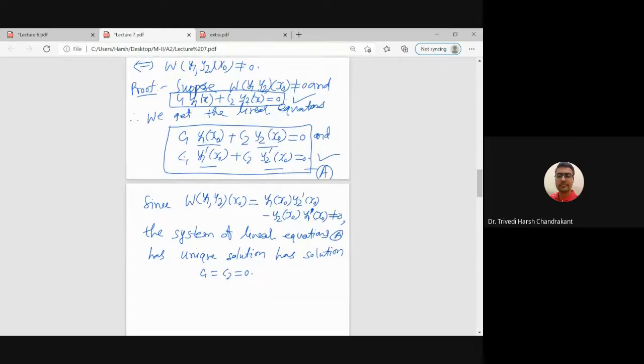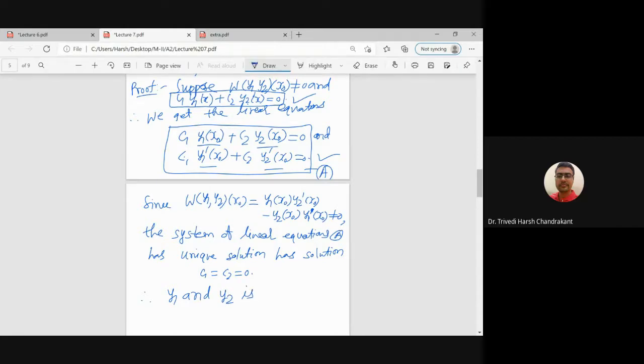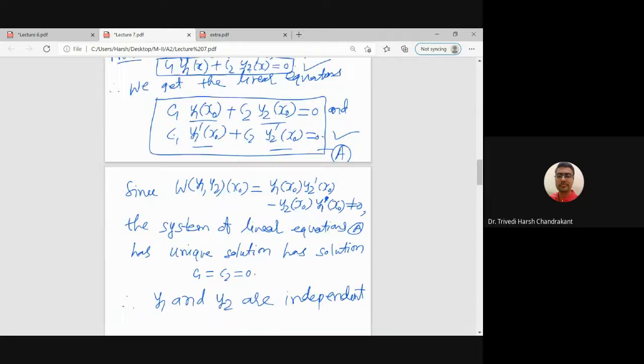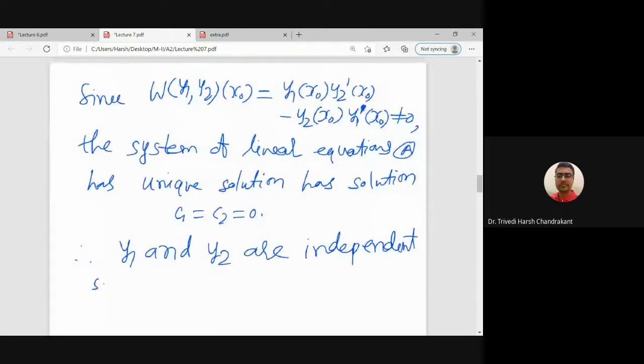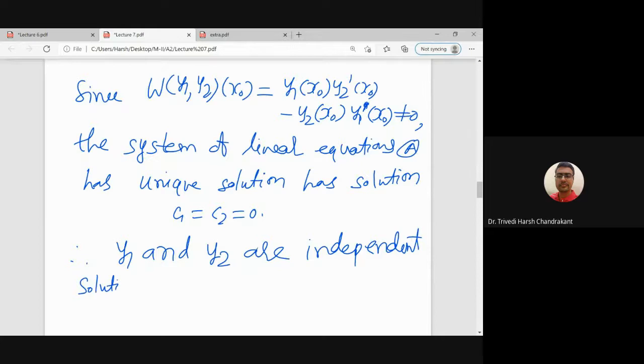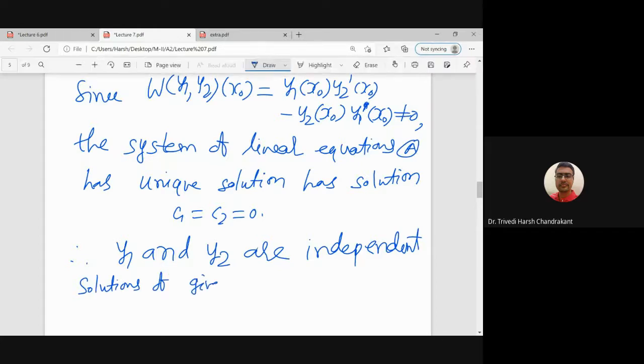So by assuming that we are given a linear combination of y1 and y2 which is 0, we proved that c1 and c2 are 0. That means y1 and y2 are independent solutions of the given equation.